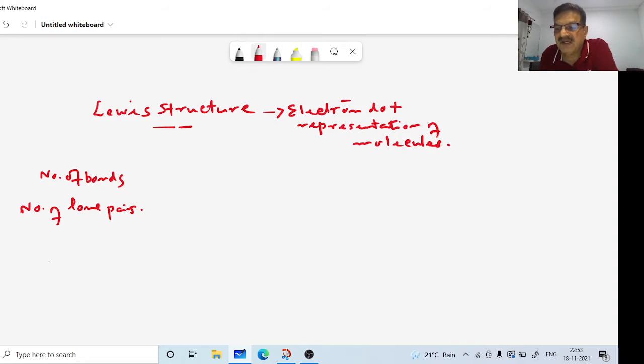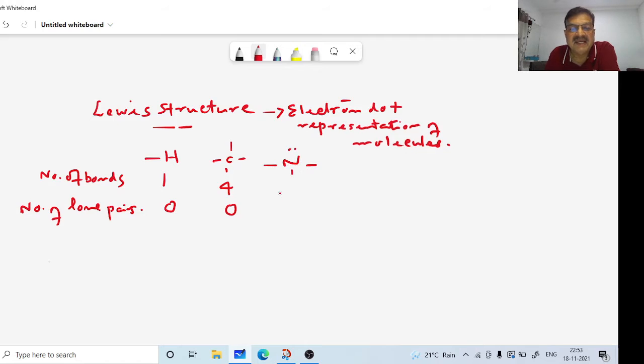In the case of hydrogen, the number of bonds it can form is only 1, and there are no lone pair electrons. In the case of carbon, we have 4 bonds and no lone pair. But in the case of nitrogen, the position is different. Nitrogen can form 3 bonds, and it has 1 lone pair of electrons at the top.